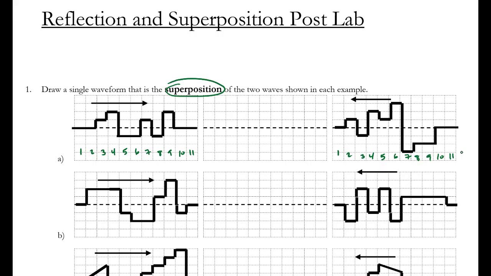In the middle is where you are going to add the two waves together. Okay, so let's just go to the first column and add those together.